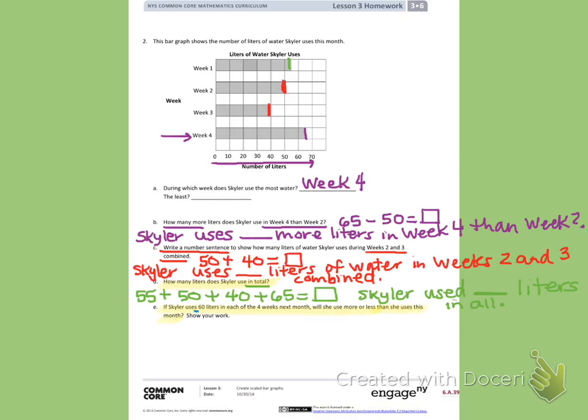I'll underline 60 liters in each of the 4 weeks, more or less than she uses this month. I think this will take some scratch paper. I'll go ahead and write next month here.